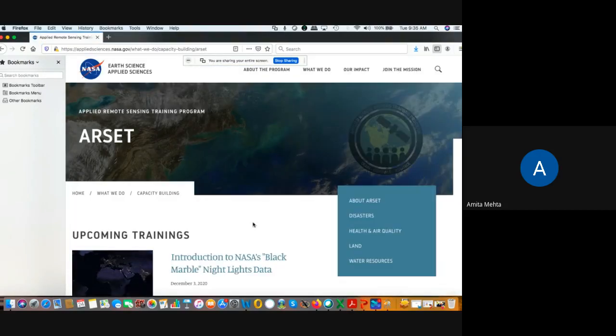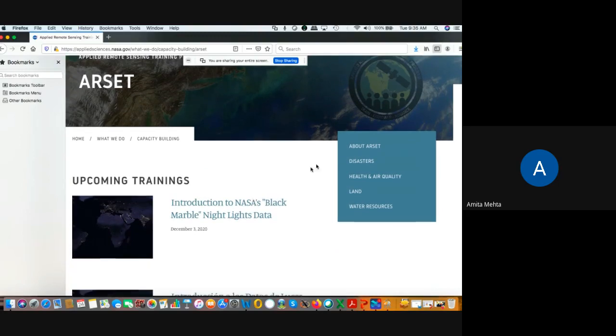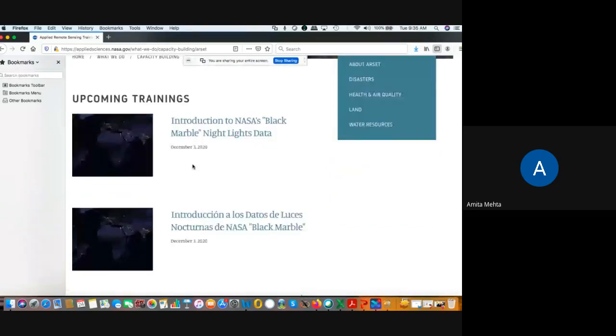Okay, so this is the website, and you can go through all these themes. Right now, there is an upcoming webinar on Black Marble nightlight imagery from NASA's VIIRS satellite. This is useful if there are power outages.